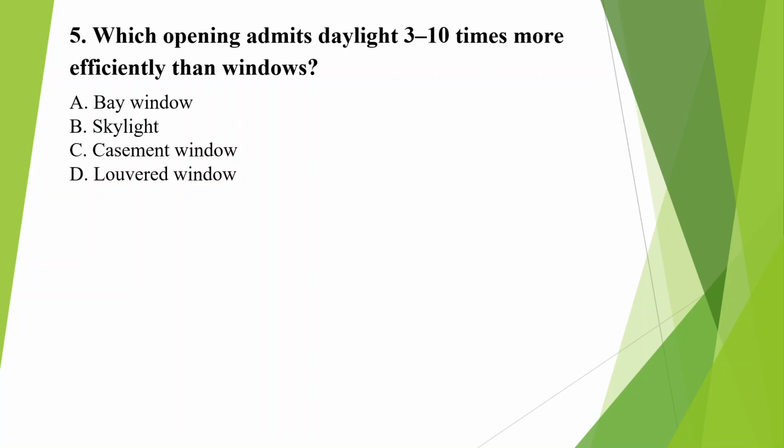So it's not a type of window, you can say. So out of the four options, you can easily strike out the windows. Then you can get the answer for this particular question, question number 5. Let's see how many of you can answer this question.